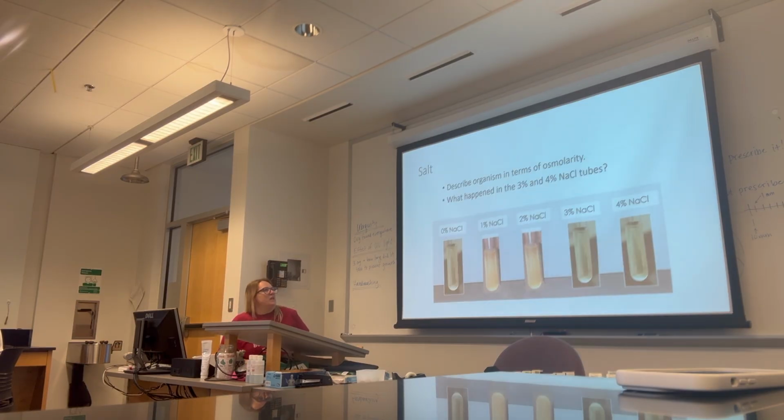Okay, so salt. We're going to describe this organism in terms of osmolarity. There are some terms associated with salt lovers. The growth is the cloudy ones, which are 1% and 2%.